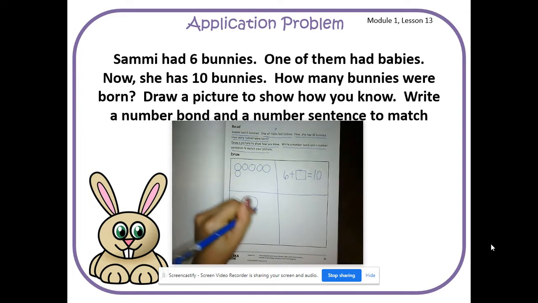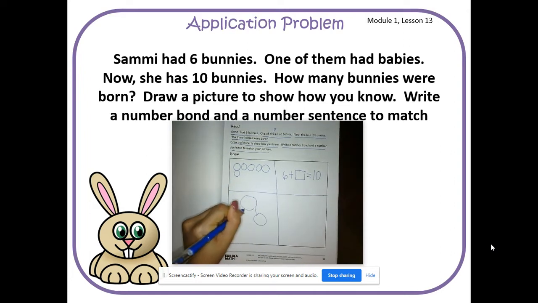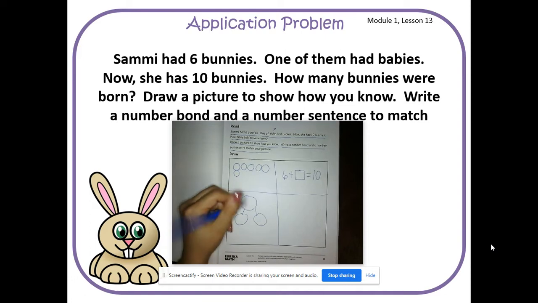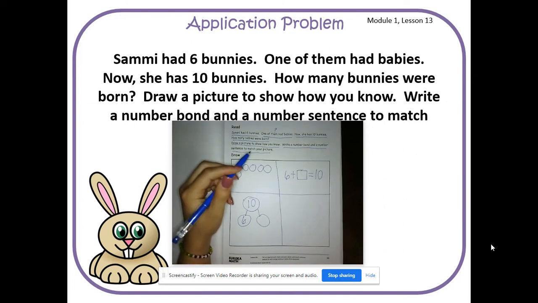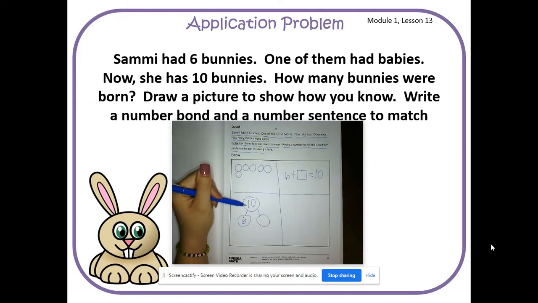How do we put this in a number bond? Well, let's draw it out. We write our total, which is what number, boys and girls? Get ready. 10. And then we write the part that we know, which is 6. And our mystery number is the missing part. So we have 6. We're going to count on and stop at 10 to find out how many babies were born.